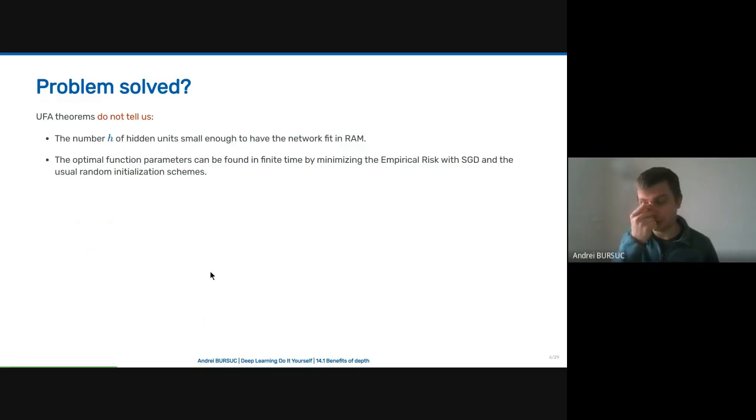So we don't know if we can actually find the corresponding minimum, right? It tells us we need this amount of neurons, but it doesn't tell us if we can actually reach them with stochastic gradient descent optimization.